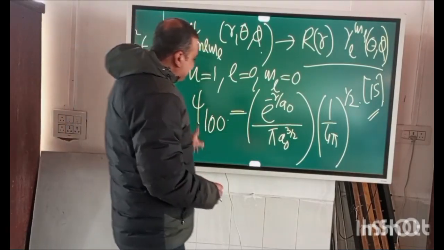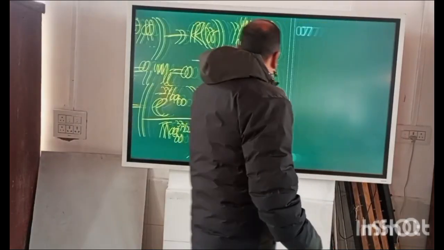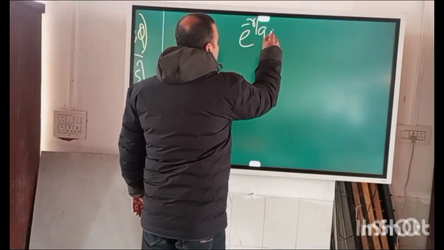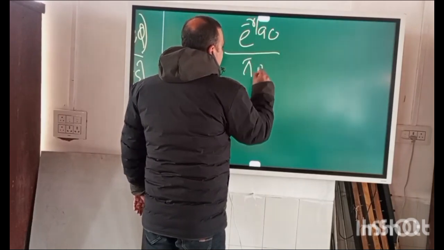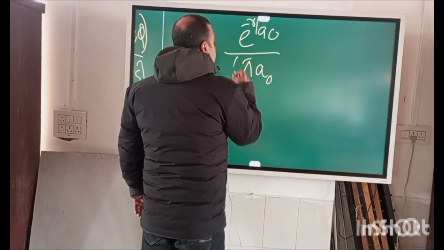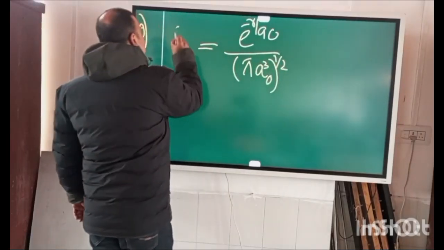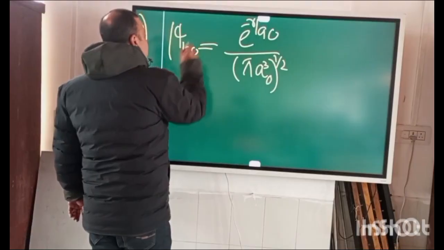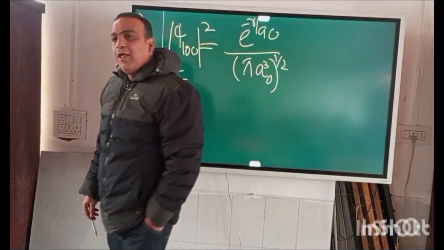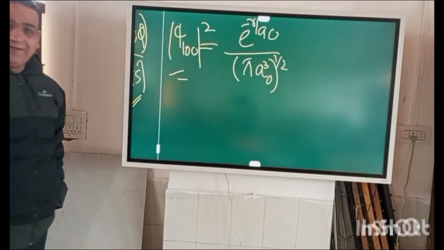So this is psi 1, 0, 0, and we can have its e to the power of minus r by a naught by pi a naught cube 1 by 2. This is psi 1, 0, 0 whole square. So what have I calculated is the probability density, right?